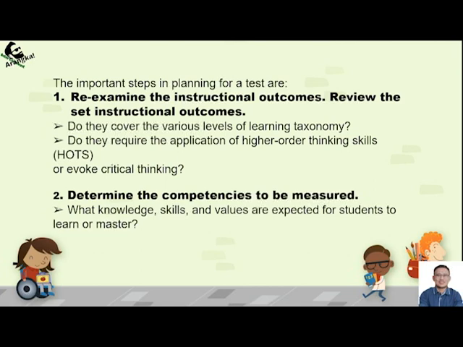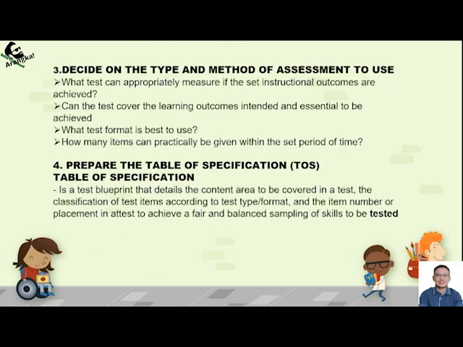The third one is what we call decide on the type and method of assessment to use. So in this level, you are going to ask what test can appropriately measure if the set of instructional outcomes are achieved. Can the test cover the learning outcomes intended and essential to be achieved? What test format is best to use?